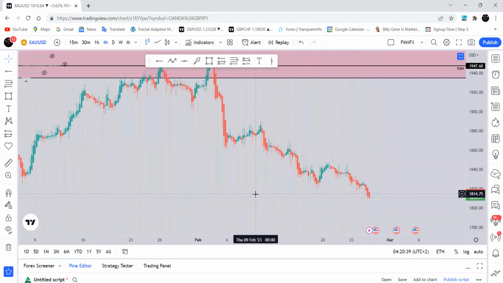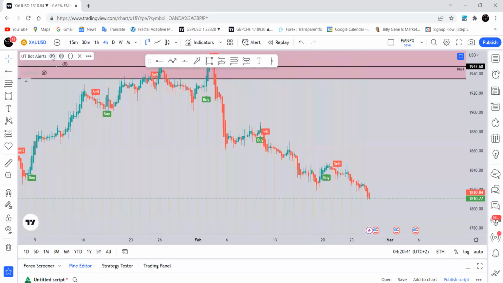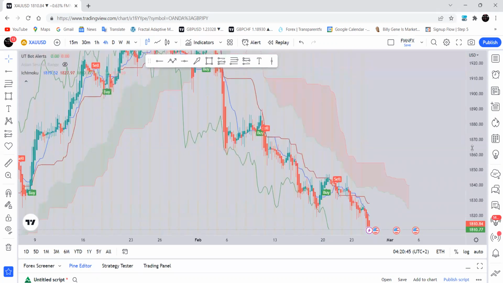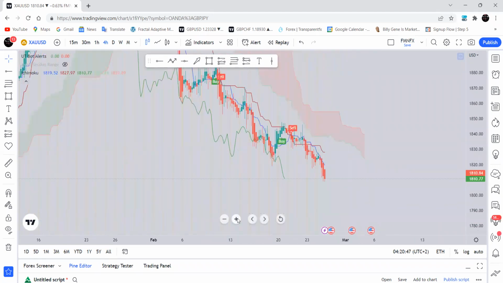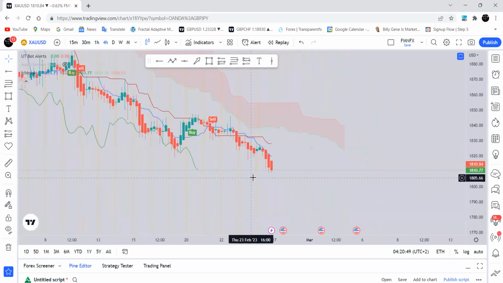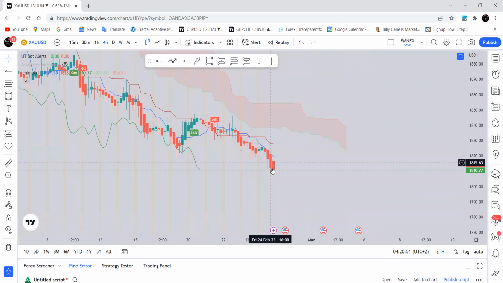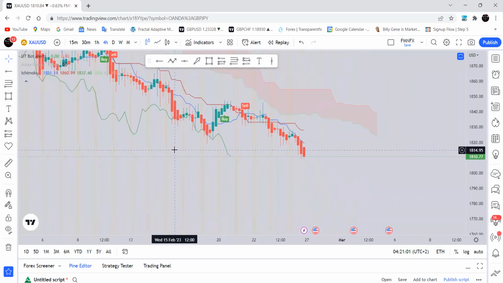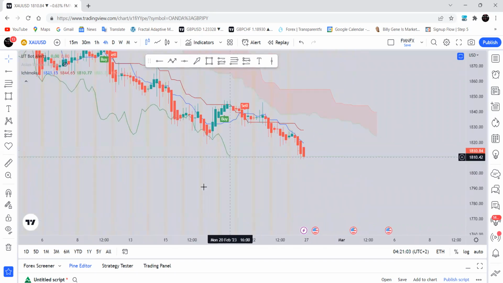All right, so turn on our bells and whistles. So our entry was missed. Look at that, boom, off the moving average and it dumped. Off the moving average, off the moving average. Look at that, boom, off the moving average. Sheesh, you have to, especially when price is trending. Yeah, assume the sell, man.